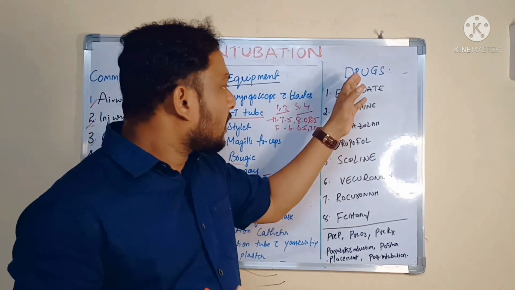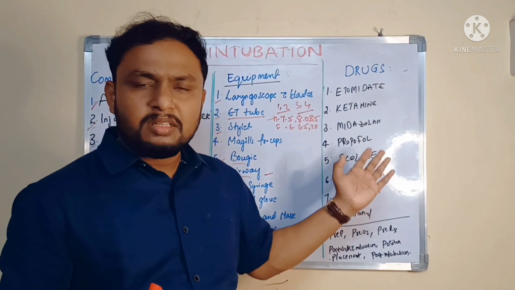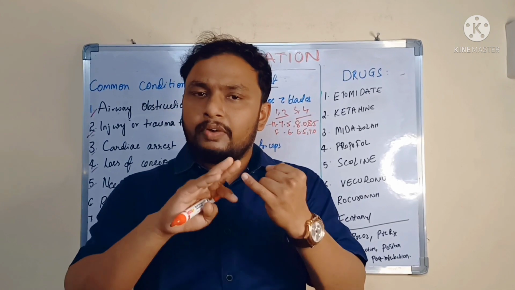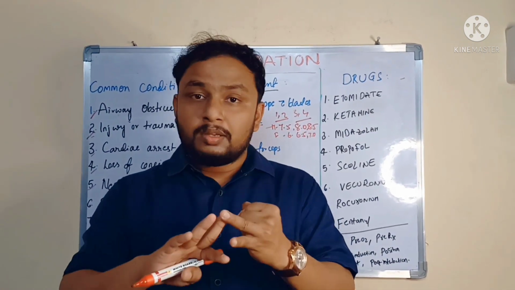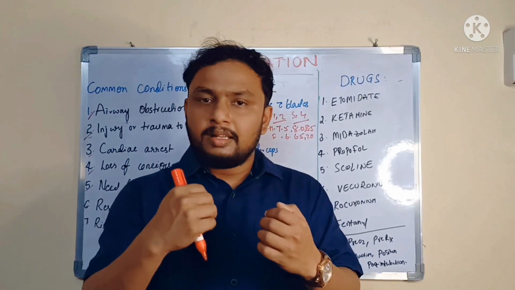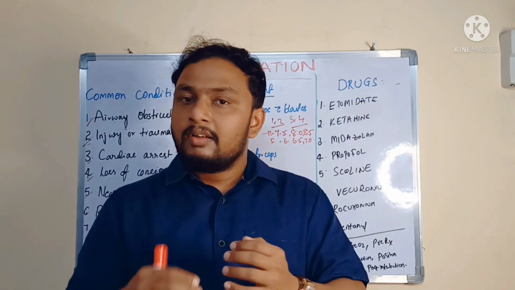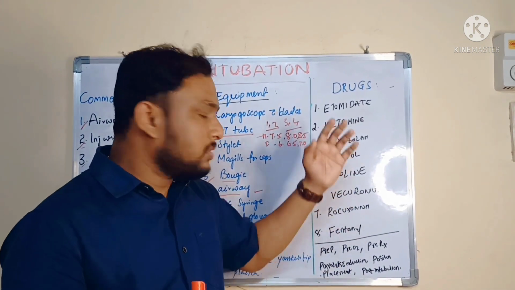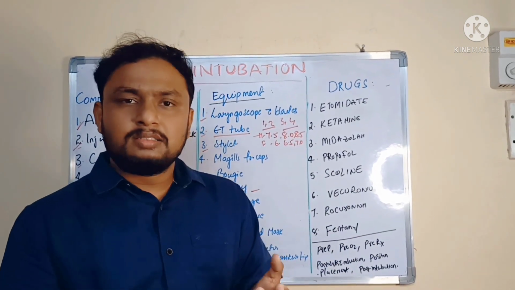Okay, and what are the drugs needed when we are doing intubation? There are different types of drugs we will use. For pre-treatment we will use some drugs, and during the procedure, for induction, we will use some drugs, and for sedation, analgesia, anesthetic effect, and paralyzing relaxants, different drugs are there.